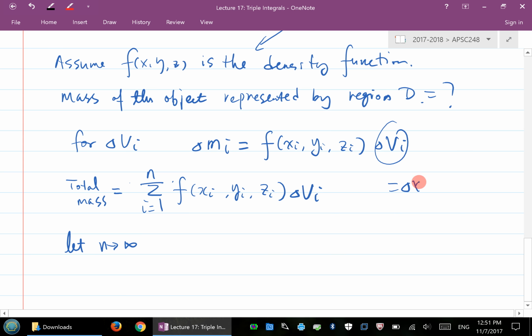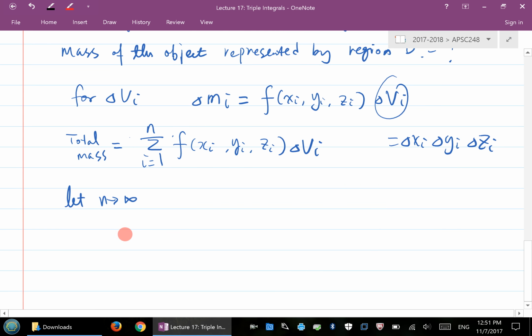Delta Vi is delta Xi, delta Yi, and then delta Zi. So as n goes to infinity, the delta will become a straight d: dx, dy, dz. So this summation sign here will become an integral sign. And we use a triple integral because now we have three variables to deal with.